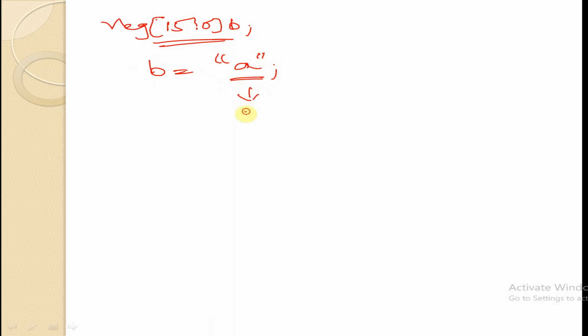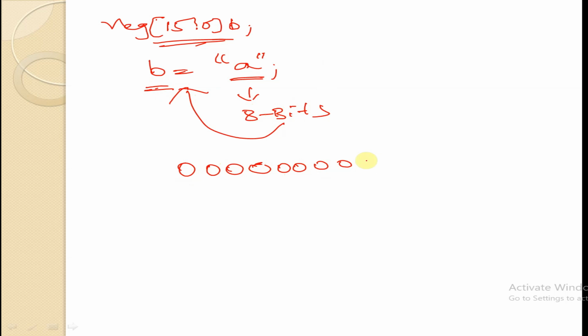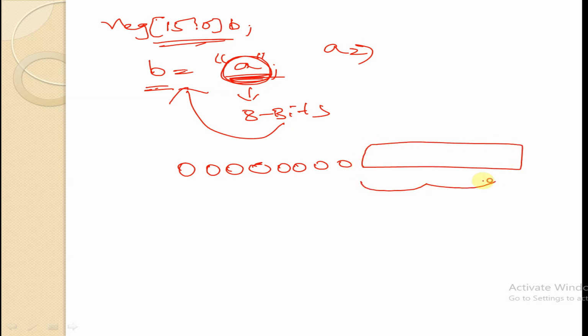Here we have only 8 bits and we are trying to store it into a register of 16 bits. So if we display B, then we will get the first 8 MSB bits filled with zeros, followed by A. The ASCII value of this alphabet will be displayed in binary in the remaining 8 bits.